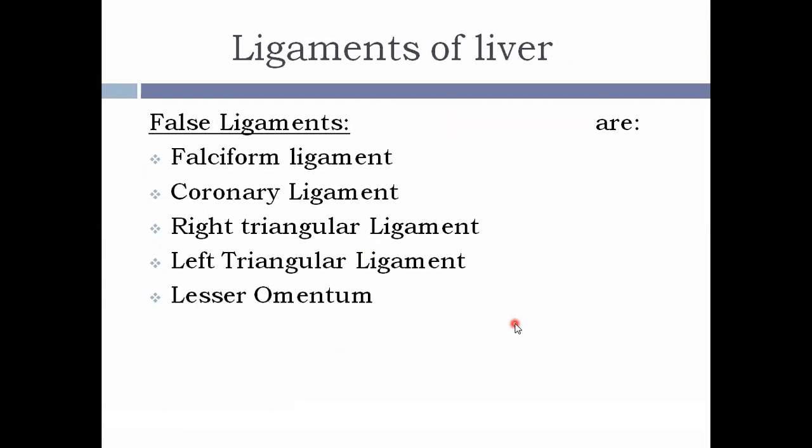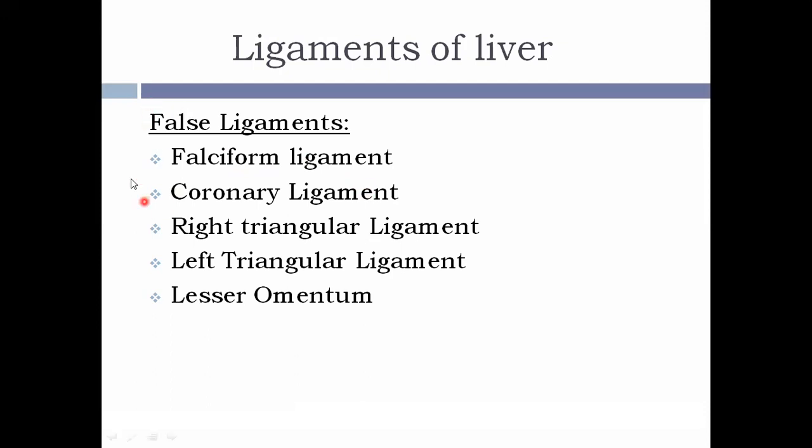Next topic is ligaments of the liver. These ligaments of the liver can be separately assessed in a short note, so please pay attention to this. There are 2 types of ligaments in the liver. One is the false ligament and the other is the true ligaments.